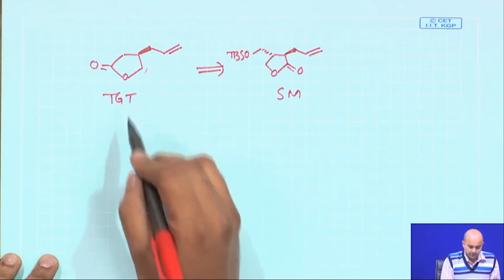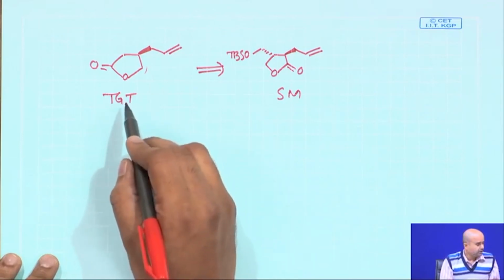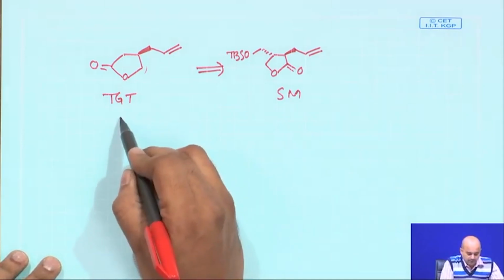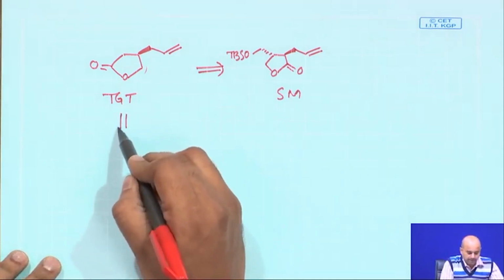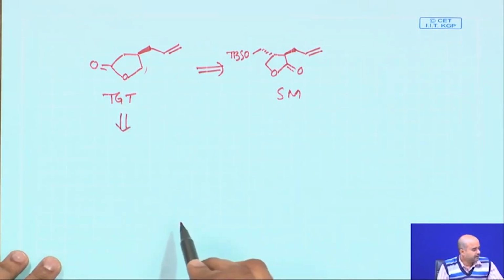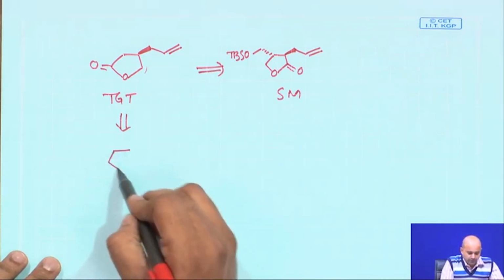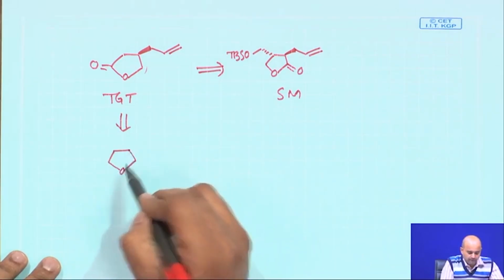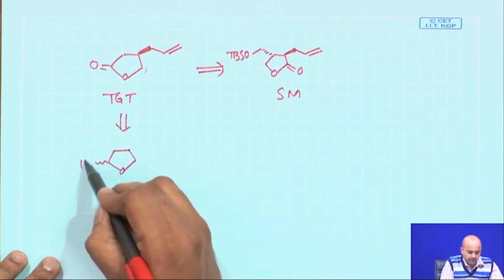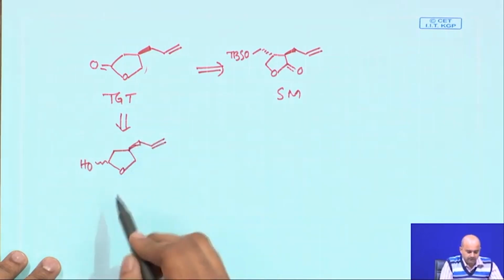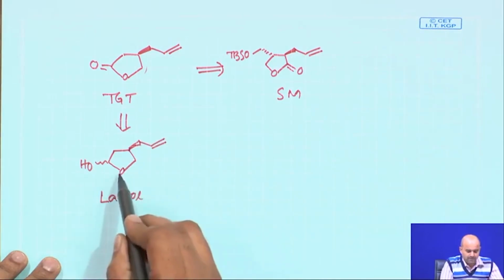Now, this way if you first take the target molecule and try to figure out how this target molecule can be retrosynthetically disconnected. We will say the retro will be, if we have a compound something like this, which is called a lactol or basically a hemiacetal.